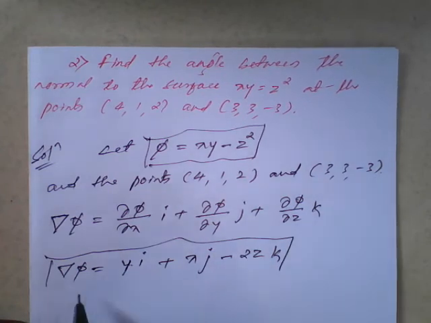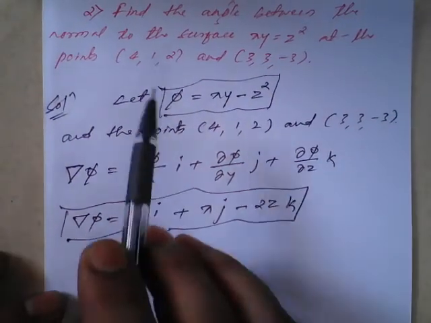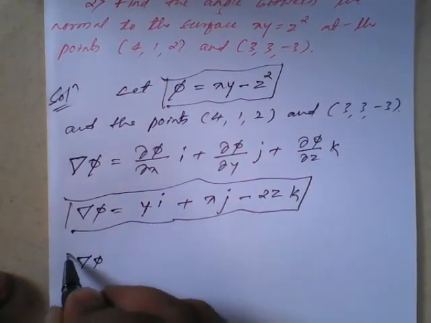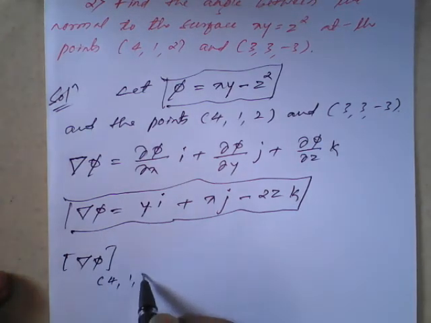So we got del phi, then this del phi we have to pass through these 2 points. So del phi at the first point, 4 comma 1 comma 2.